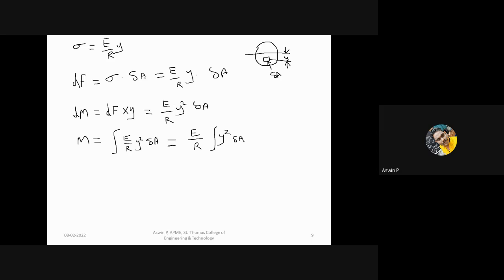What is the integral of y square dA? Yes, that is the area moment of inertia.